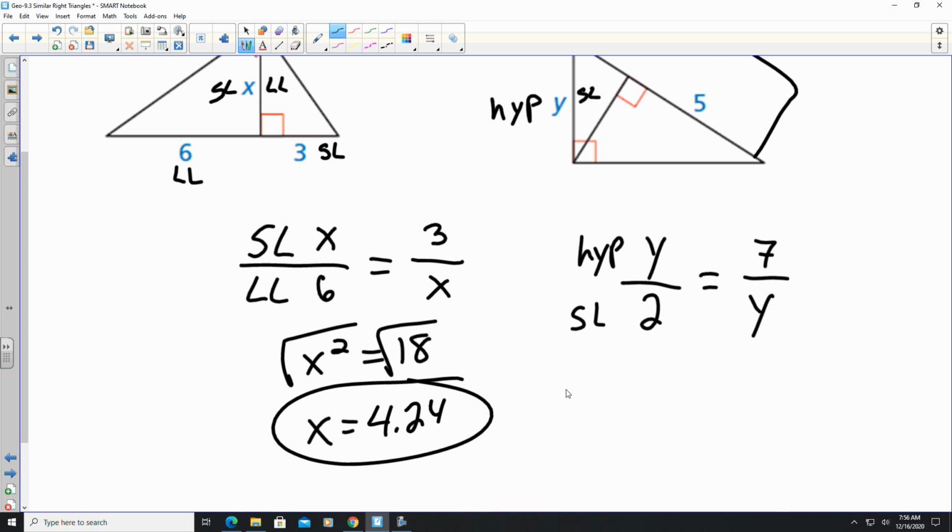Same thing again, the y's are across from each other, so I can square them. y squared is going to be equal to 2 times 7, which is 14. Take the square root of both sides, so now the square root of 14 is going to be about 3.74.